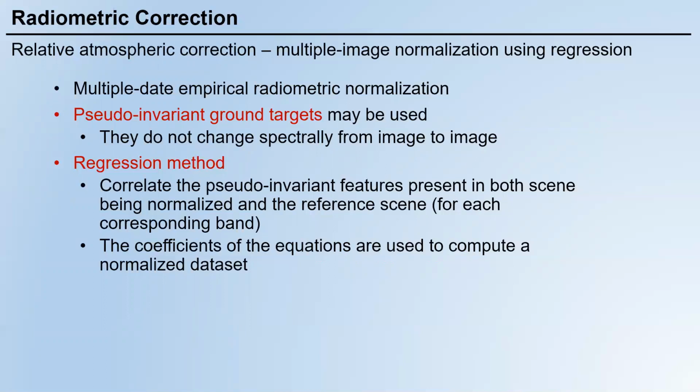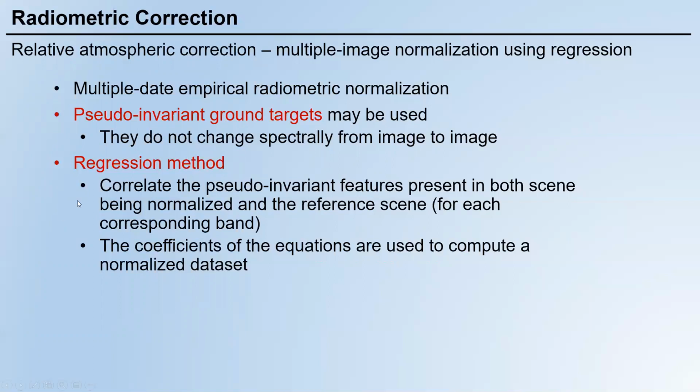So again, they are serving as what? Reference, okay? Because the reflectance of them should not change from time to time. But if there is change, you know there is something wrong with the image, right? So that's why you need these invariant ground targets. They're serving as a reference.